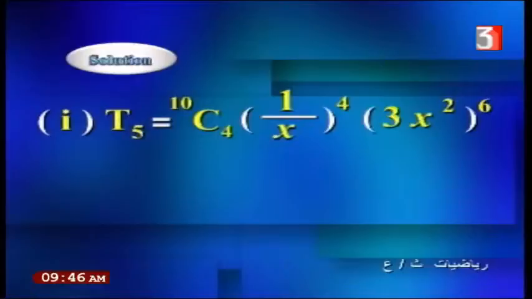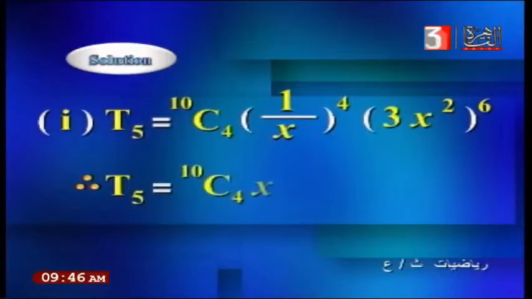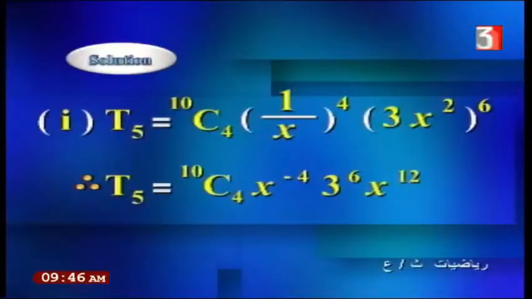Then, my dear student, we can separate it. 10C4 multiply 3 power 6, and separate x power negative 4 multiply x power 12. We know that when we multiply x power negative 4 times x power 12, the answer is x power 8.